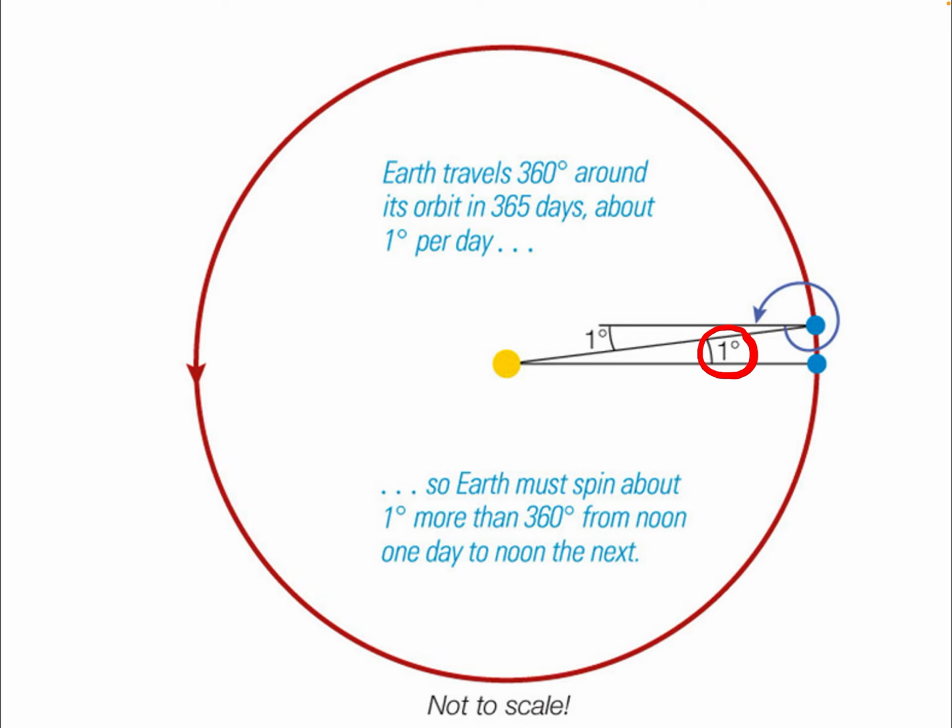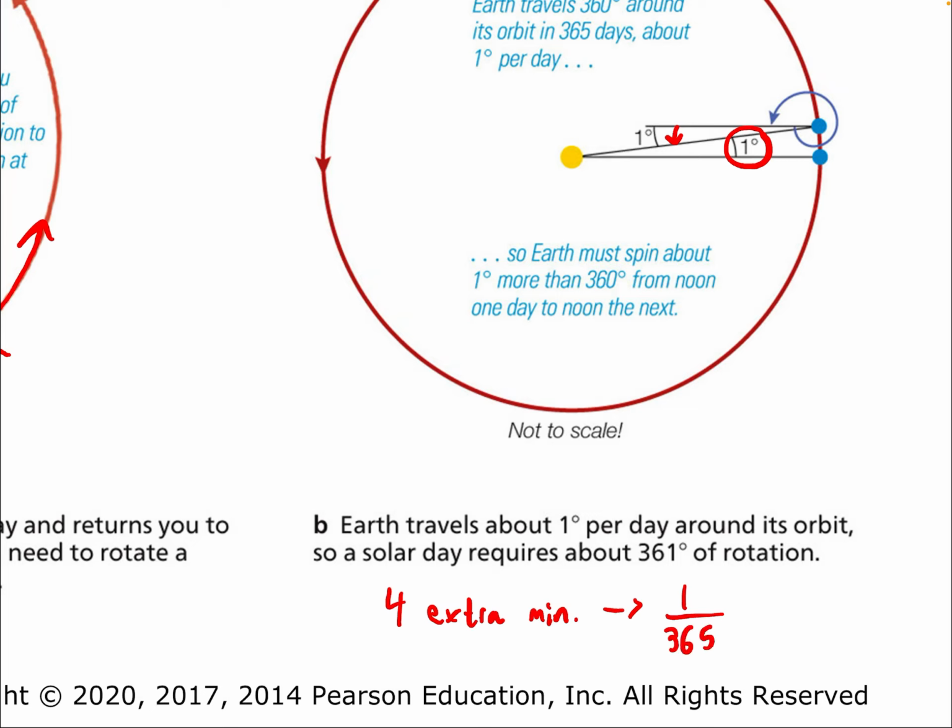So that's why we have to have that extra turn, 1 degree worth of extra turn, or 1/365th of a day. So in fact, the 4 extra minutes that it takes to go from the sidereal day to the solar day is 1/365th of a day, which would be 24 hours. Okay, very interesting. And you can see here that since the 365 and the 360, the way we split up circles in degrees, they don't exactly match up. We can say that it works out to be about 361 degrees of rotation.